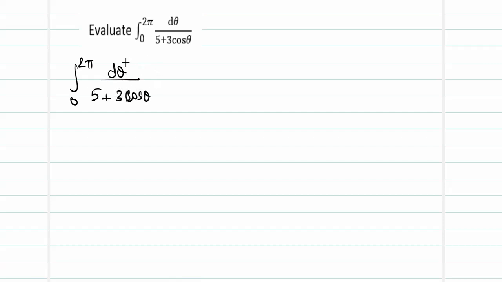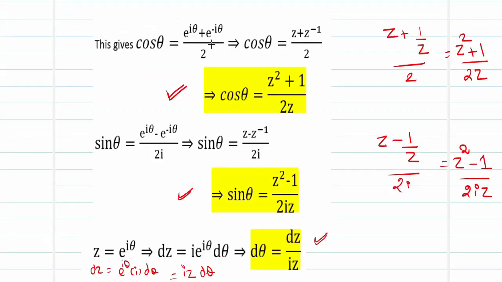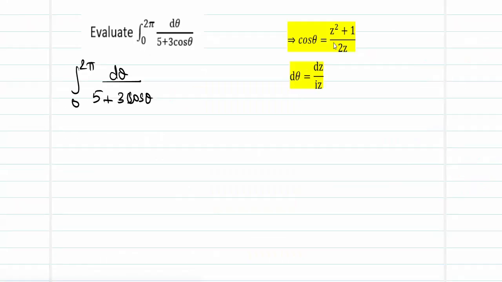So I will have to say what is going to be the substitution for my cos theta, and what is the substitution for my d theta, after which, on resubstituting all this, the problem will get converted to z. So come on, say what is going to be the conversion for cos theta. We know that the conversion for cos theta is z square plus 1 divided by 2z, and d theta is replaced as dz divided by iz.